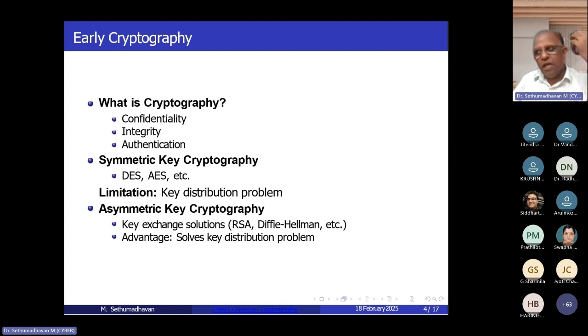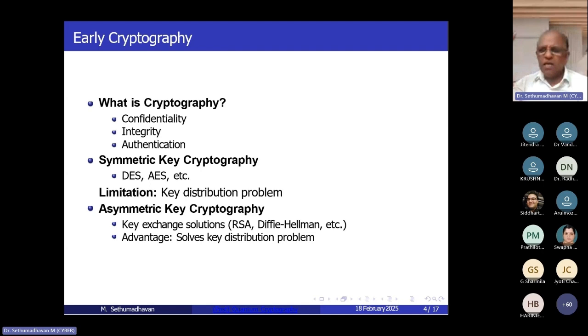Around a similar time, RSA came up, Rivest, Shamir and Adleman, with the RSA crypto system. They wanted to solve the key distribution problem, and also the trust relation between the sender and receiver being in different states. So it necessitated the development of the asymmetric crypto system.